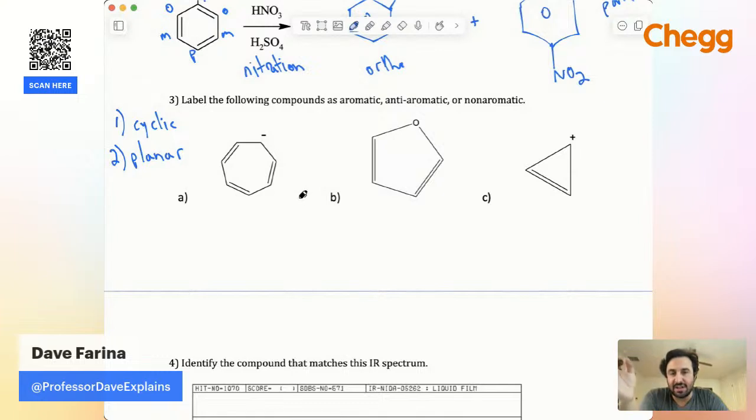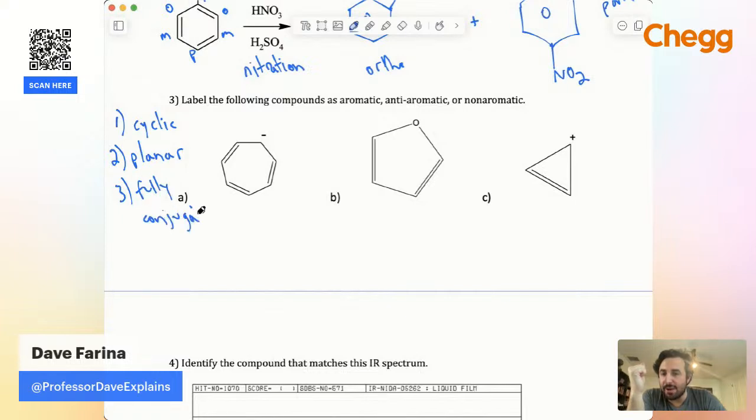Now, we have to understand that we're looking at the composite resonance structure. So there can be an sp3 carbon on there, but because of the delocalization of the pi electron density, when you look at the composite, it's basically flat anyway. The sp3 character is distributed around, so it's not localized on there. Number three, fully conjugated.